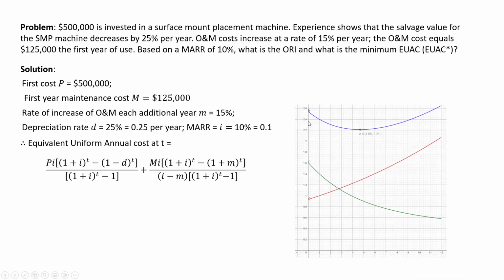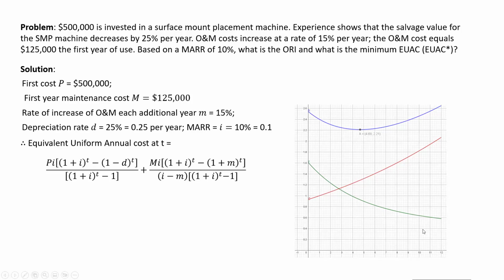And then I added both of them graphically. And then I asked the software to give me the minimum value of this function, this blue. Software is pretty good at that. And so it gave me the minimum value at A, and the coordinates of that point where the minimum value occurs: the abscissa is 4.68.